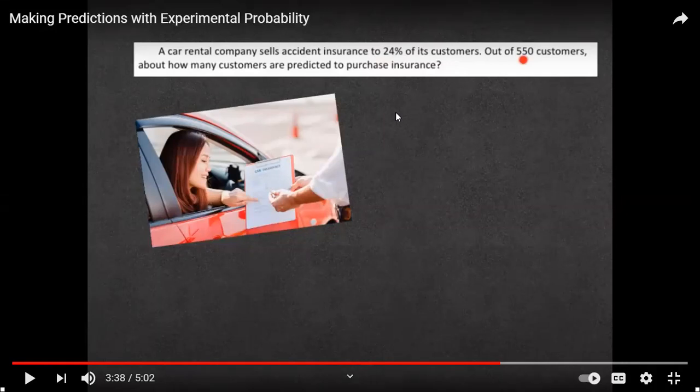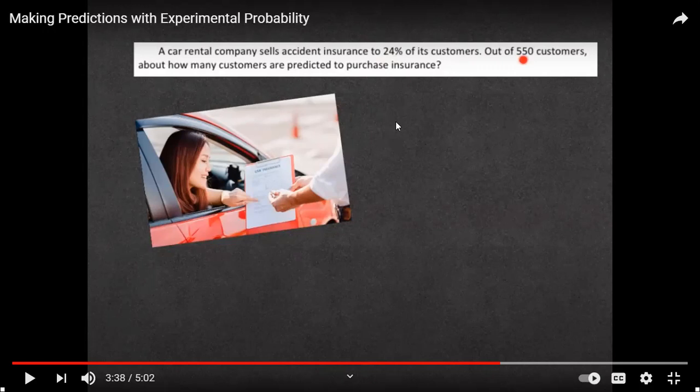We can change it into what? Numerical. We can change it into a fraction, or we can change it into a decimal. It's up to you. If you want to change it into a fraction, then you will use cross product by using proportion. Or you can change it into a decimal and multiply it by the number directly.